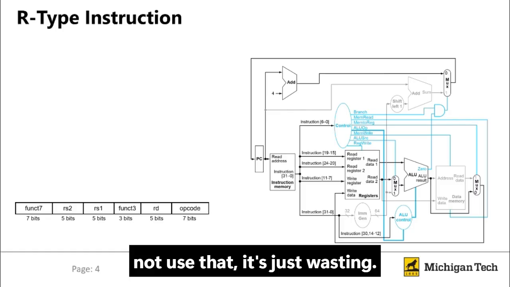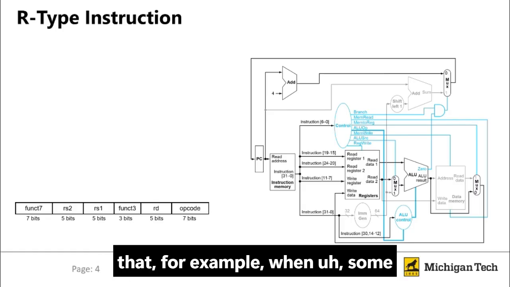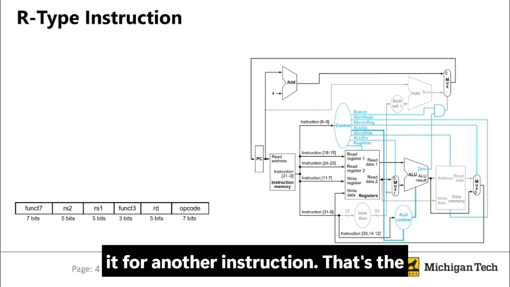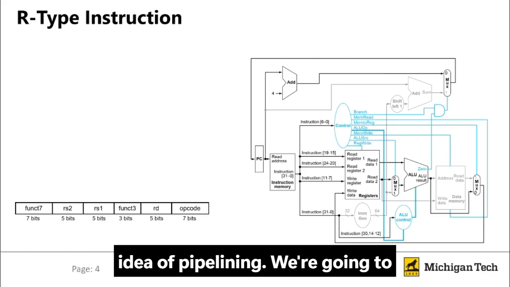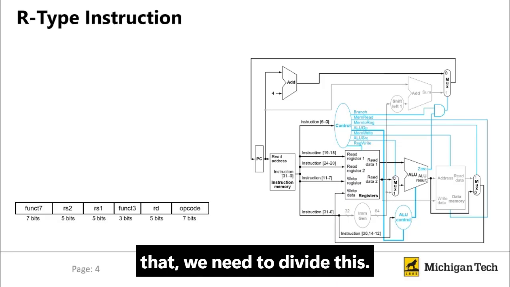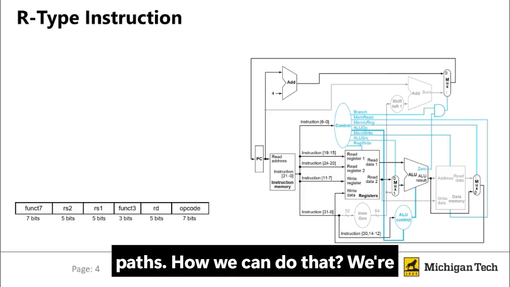It's just wasting. What about we design the hardware so that when some parts are not used, we use them for another instruction? That's the idea of pipelining. We're going to see that soon. But to do that, we need to divide this big data path into multiple smaller data paths.